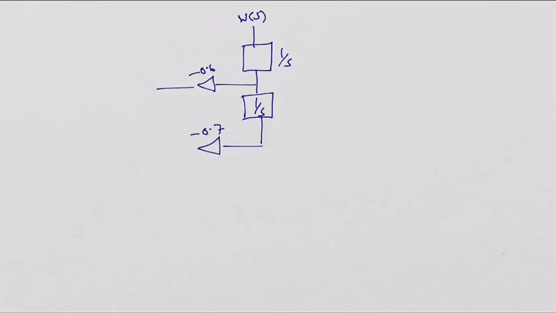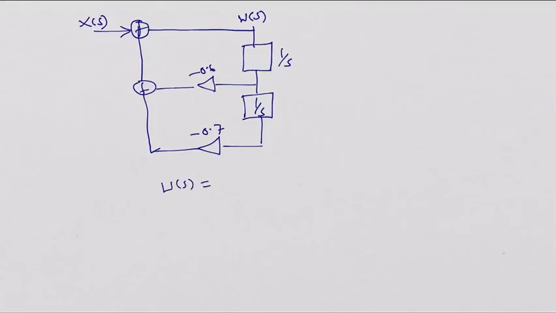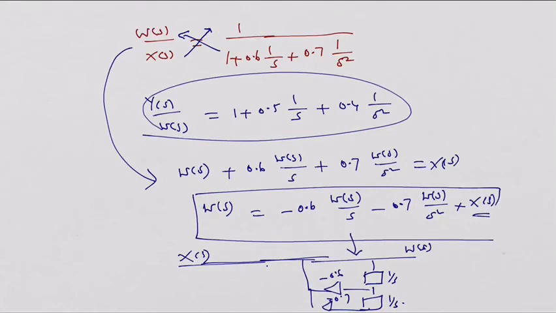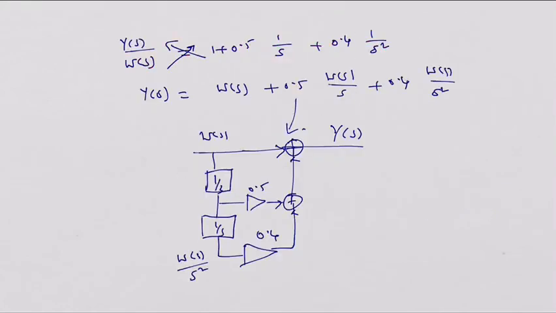If I add the results along with X(s), this part denotes W(s) is equal to minus 0.6 times W(s) by s minus 0.7 times W(s) by s squared plus X(s), right? This part is over. I have shown you that, right, before 2 slides. I'll just move on to the next one.